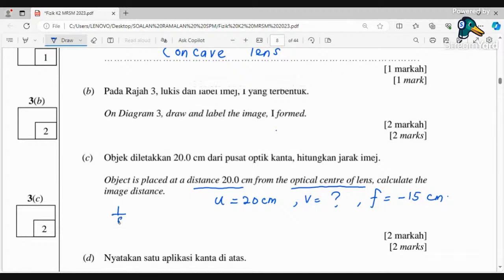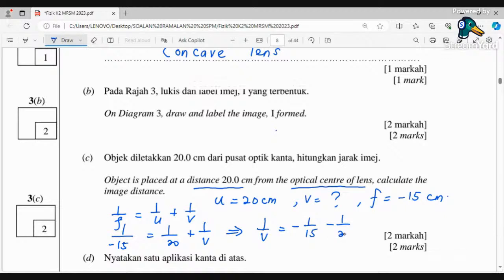So 1 over F equals 1 over U plus 1 over V. Okay, so 1 over negative 15. You must add in the sign. 1 over 20 plus 1 over V. So what we get for 1 over V? 1 over V is negative 1 over 15 minus 1 over 20.